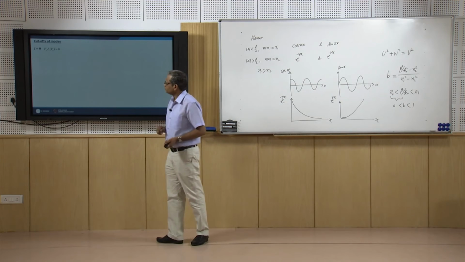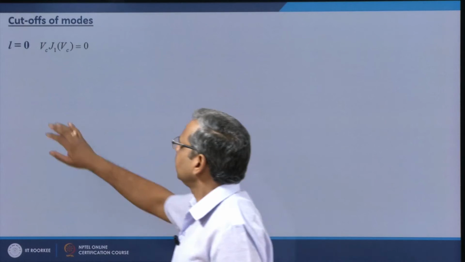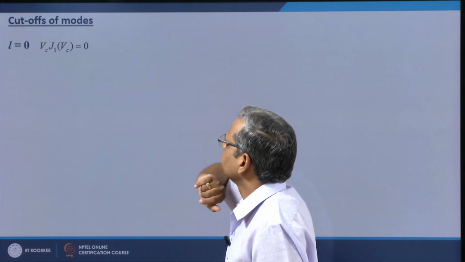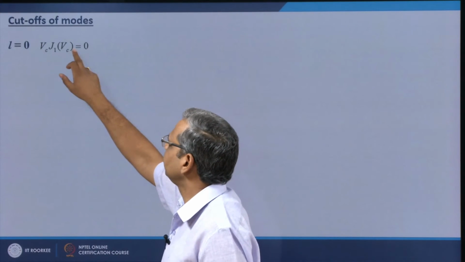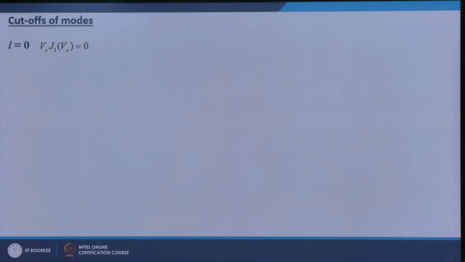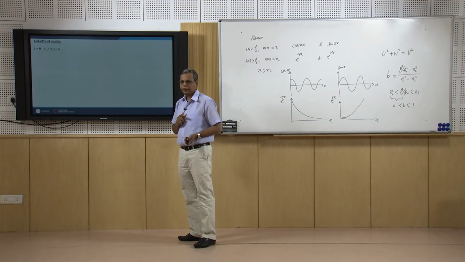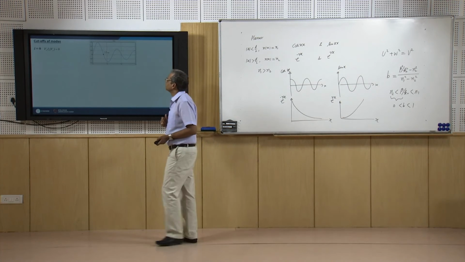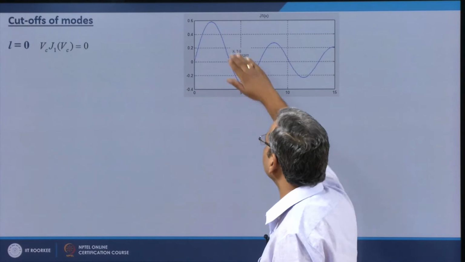Okay. So, let us first find out the cutoffs of L equal to 0 modes. Cutoff condition is Vc J1 Vc equal to 0. So, of course, the first root is Vc equal to 0 itself, and then let us look at how J1 varies with x. If I plot J1 x, then J1 x looks like this.